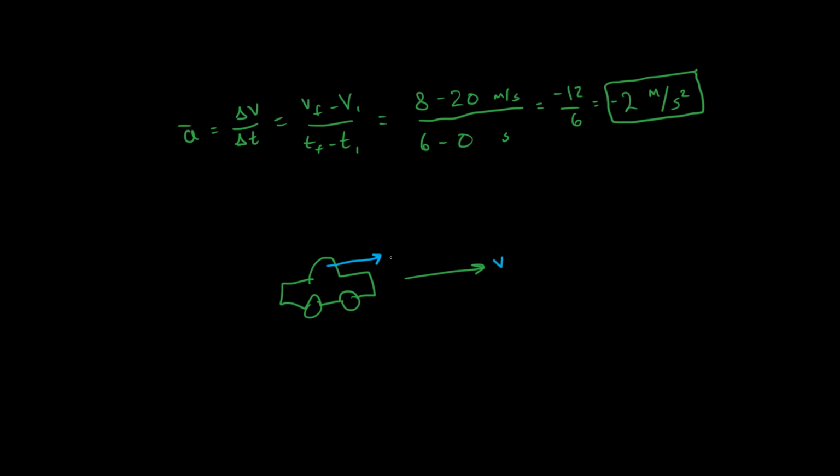So if this is my velocity, this will be my acceleration. So when acceleration and velocity point in the same direction, the object is going to speed up and my acceleration is going to be positive. Now, if my acceleration and velocity point in opposite directions, so let's say this is my acceleration, it's going to be negative, and it's going to slow down my velocity.